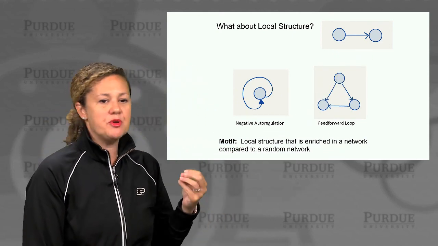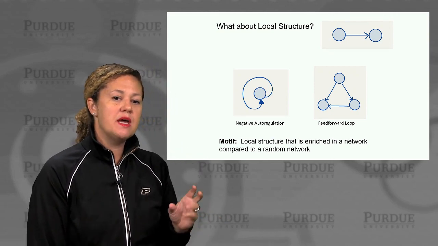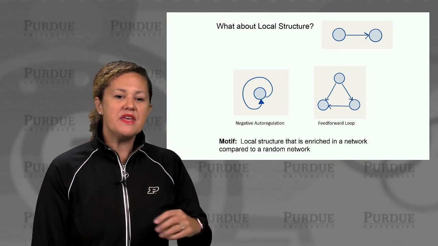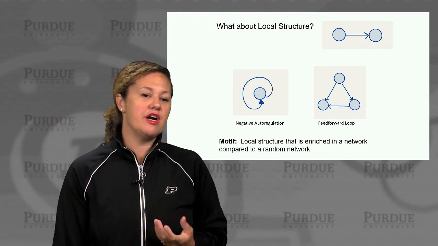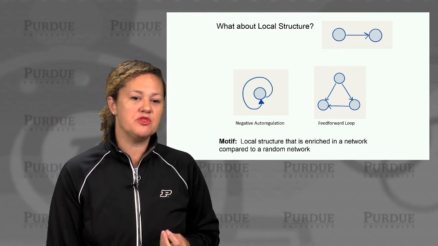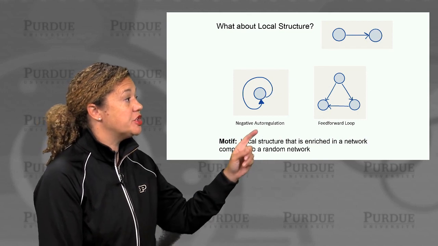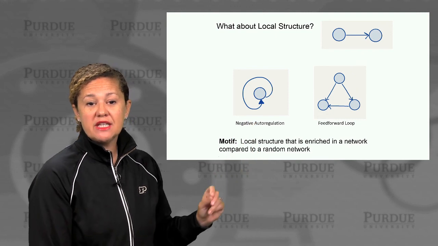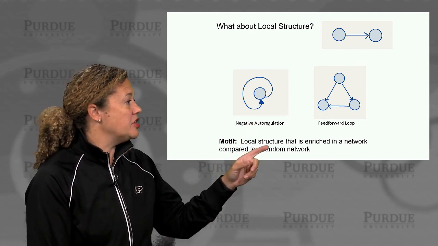But are there some particular local connections of how those nodes, maybe genes or proteins, are interacting with one another that has some particular structure that is enriched in our network compared to a random structure? These sorts of local structures could be auto-regulation, and one we'll look at in a few lectures coming up in particular is negative auto-regulation.